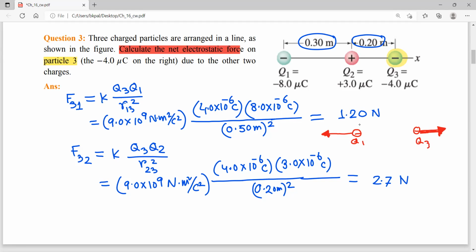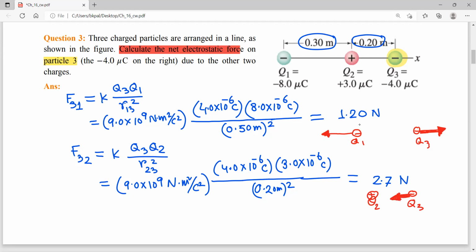Now similarly, Q2 is positive and Q3 is negative. Because they are opposite charges, they will attract each other, so the direction of F32 will be this one.